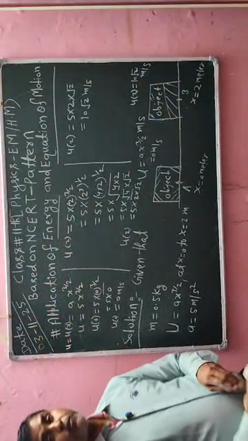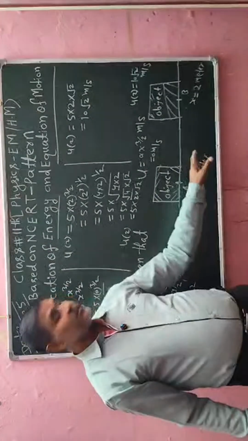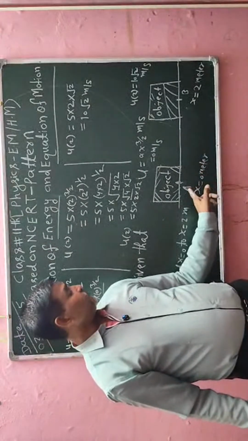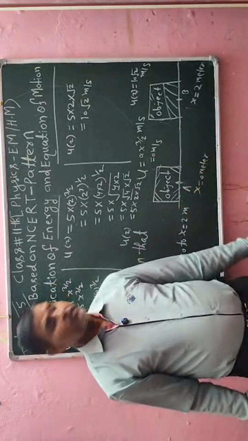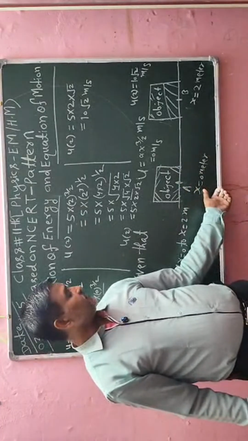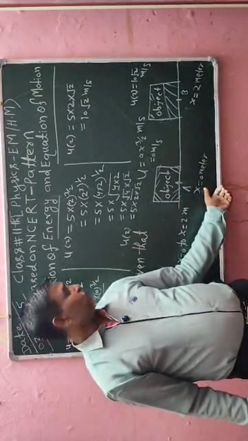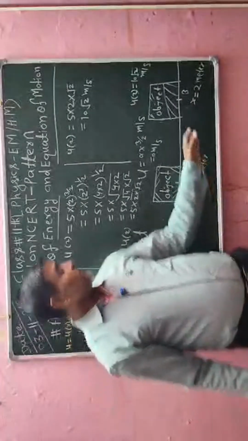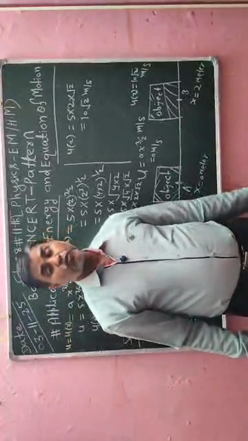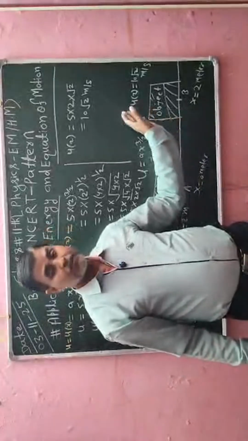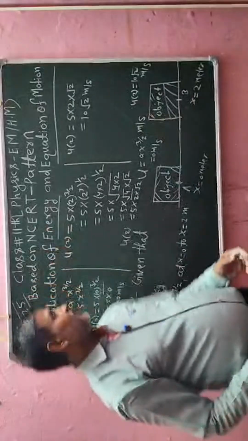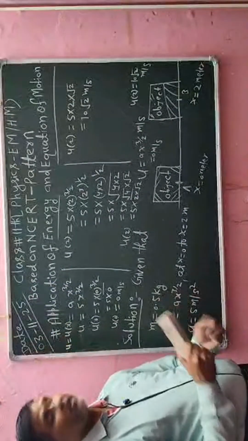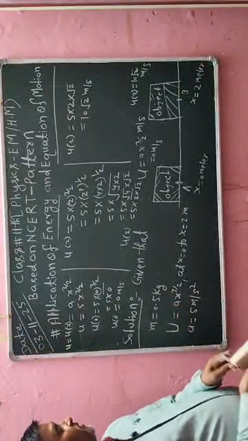Now we have to calculate the kinetic energy from point A to B. Initial kinetic energy I have got, that is 0 joule. But at point B I have to calculate the energy. I will get some value, and that will be my required answer.